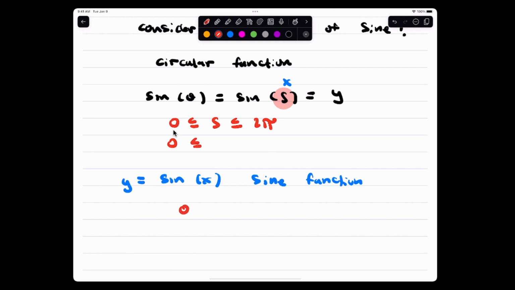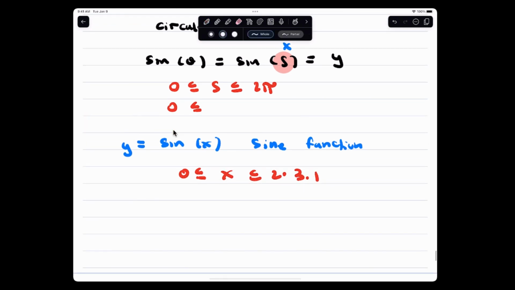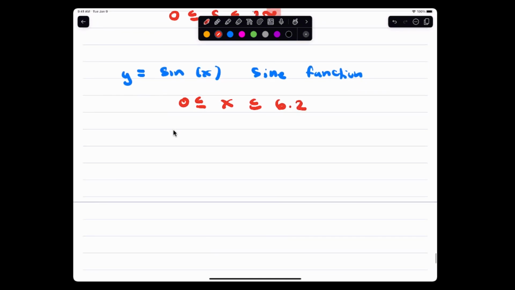Numerically speaking, this domain that we're looking at, remember, pi is about 3.1, so 2 pi is about 6.2. Okay? Numerically, we're looking at this in terms of those numerical values. So this would be a 6.2 for you guys. This is your sine function where the domain is restricted. Domain, if you guys remember from intermediate algebra, these are the x values now. And so what does that mean?